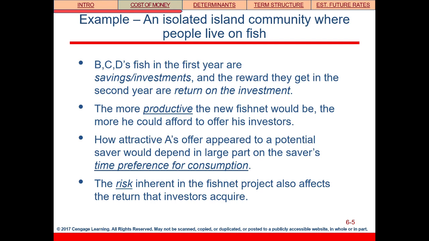And the last factor, or the third factor, is risk. The risk inherent in the fishnet project also affects the return that investors acquire. What does that mean? We don't know much about fishing, but we could say that it depends on how credit-worthy A is. If he's a very reliable man, he always keeps his word, then people are probably more willing to invest in his project.